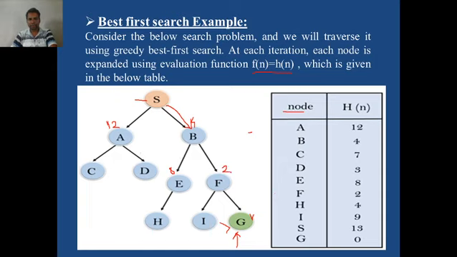Now it is very simple, the heuristic cost associated with F is 2 and with E is 8. So obviously 2 is smaller than 8, therefore the traversal from B will be explored towards F, not towards E. That's why E will be put in open list and F will be put in closed list in iteration 2.